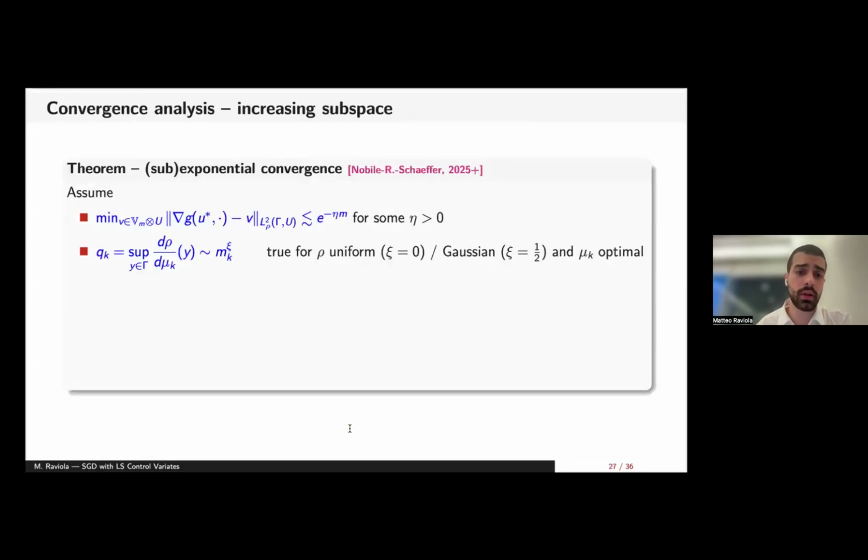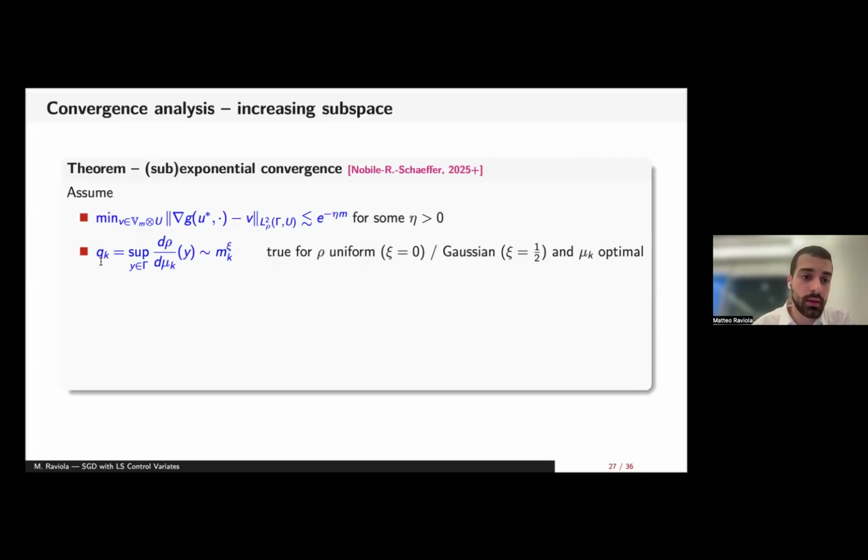So we were able in this case to prove the following result. This is if the approximation error in the chosen subspaces decreases exponentially, with some rate eta.